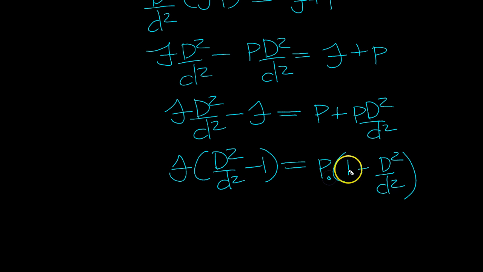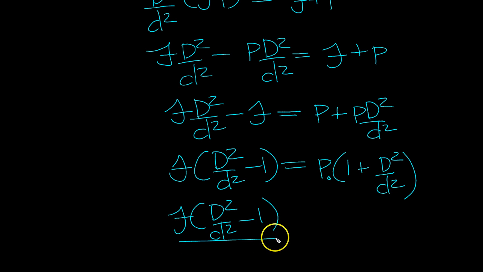Now we can move this from times to divide, so f D squared over d squared minus 1, over, I'll move this from times to divide, 1 plus D squared over d squared, equals the p, leave that there.